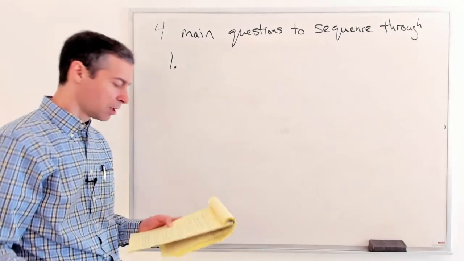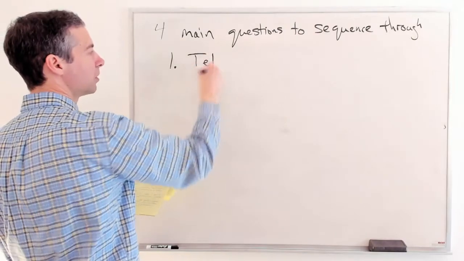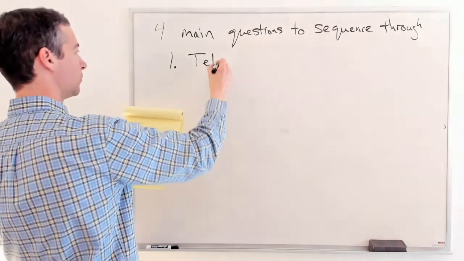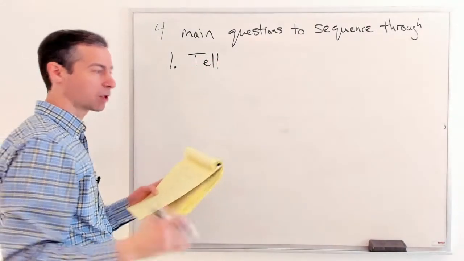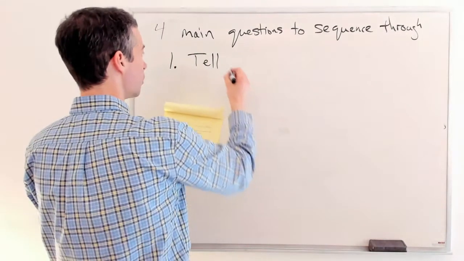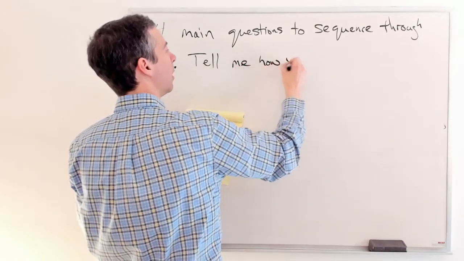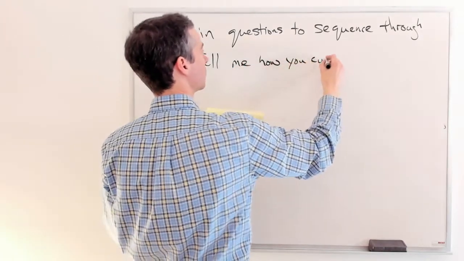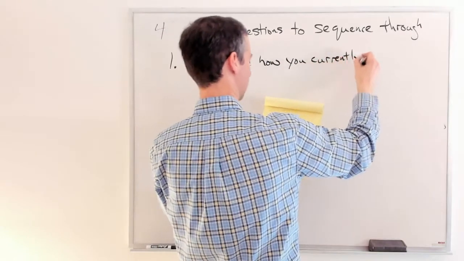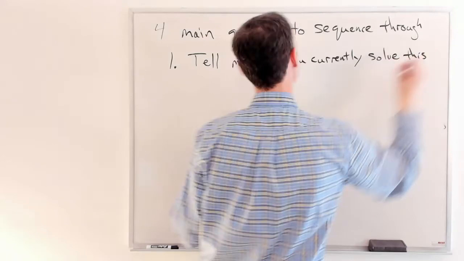So basically, the first one is all about trying to find out the details of their working environment, the way that things are today. So you might start with a question like, tell me how you currently solve this problem.